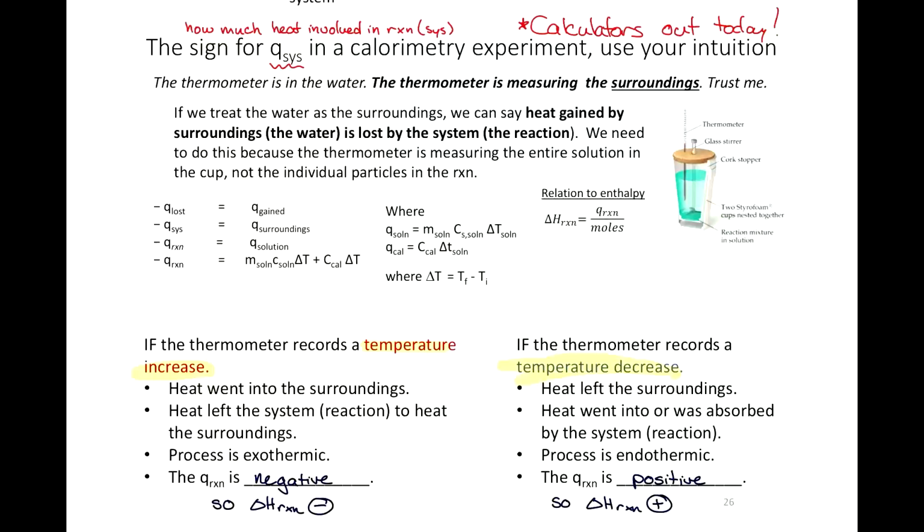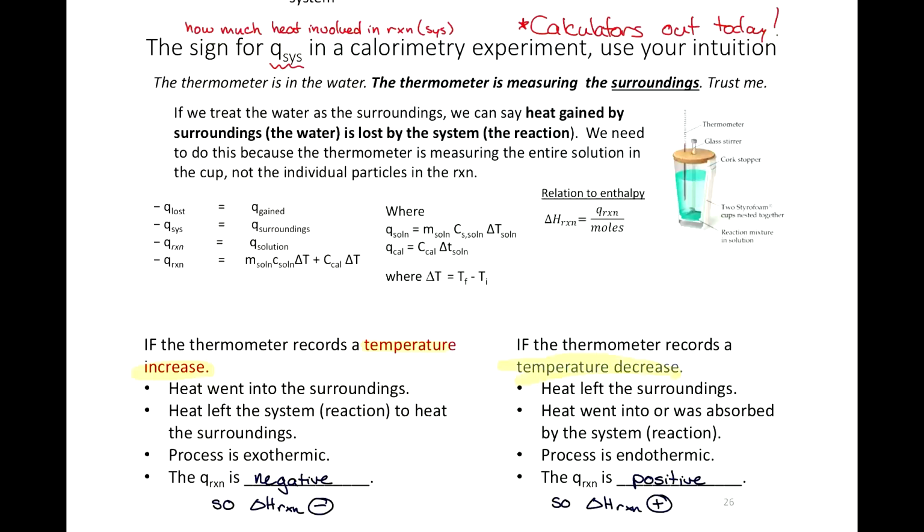It stole energy from the surrounding water, resulting in a temperature decrease. That is an endothermic reaction. This reaction requires energy to get started. So delta H of your reaction is a positive value. I promise you, you are going to screw up on these signs, but make the mistake now so you don't make the mistake on the exam.